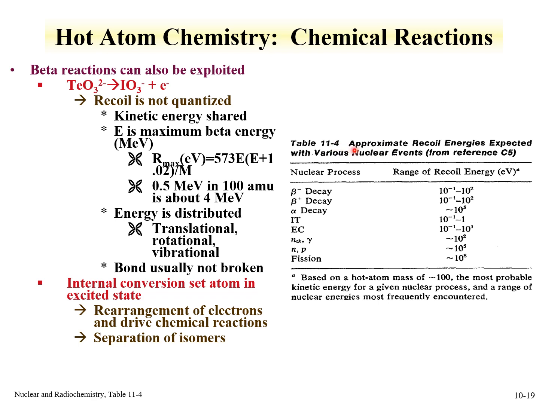And again, some recoil energies expected from various decay events are listed here. As we see, beta decay, positron decay, and fission certainly have sufficient energy to achieve separations.